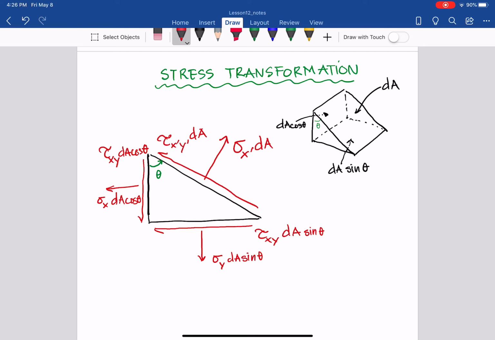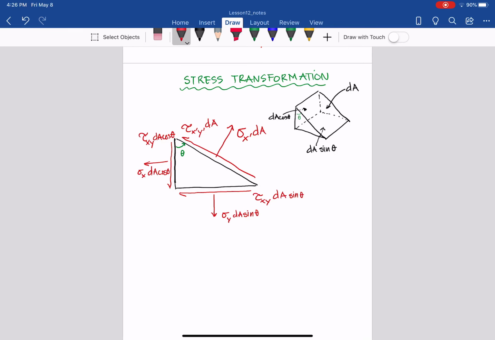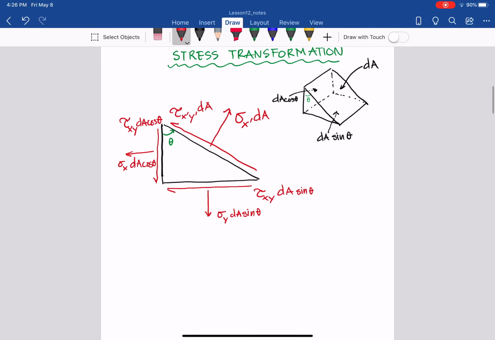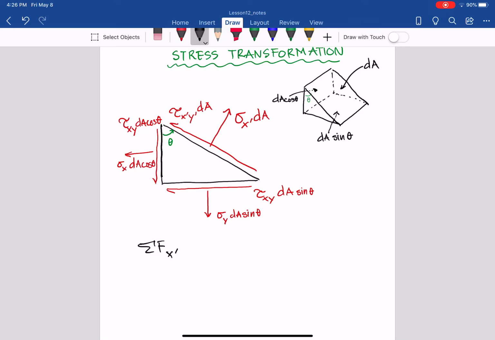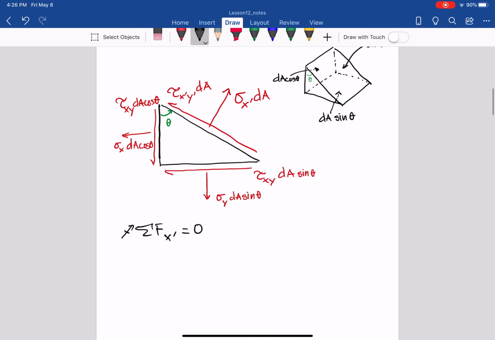So with that, we sum up all the forces in x and y direction, and in this case x apostrophe. What do we have? Now let's do that. Let me sum up all the forces in the x apostrophe direction, and I assume going that way is positive, and of course for equilibrium that has to equal 0, and from that we can just break it down with projection here.